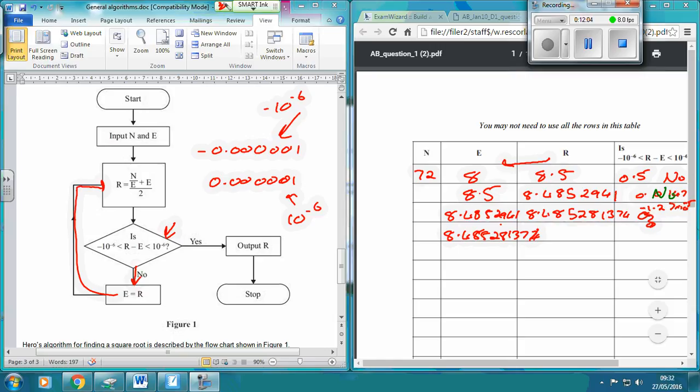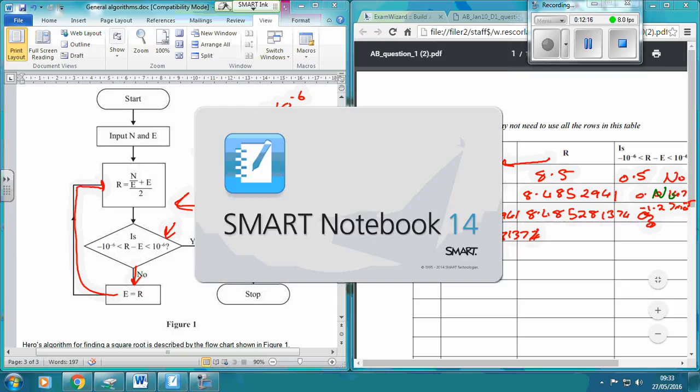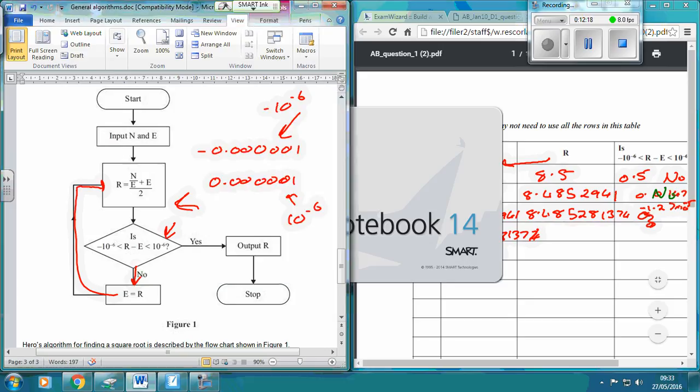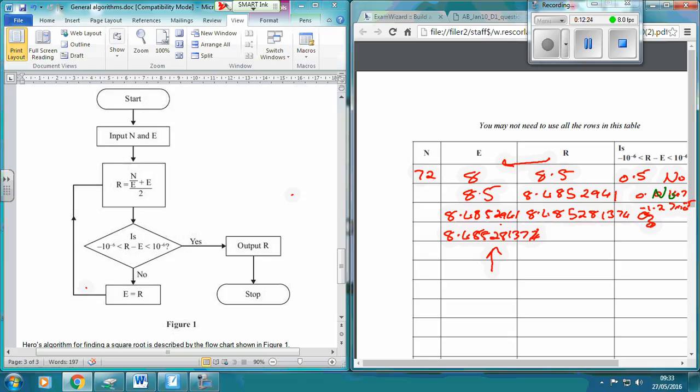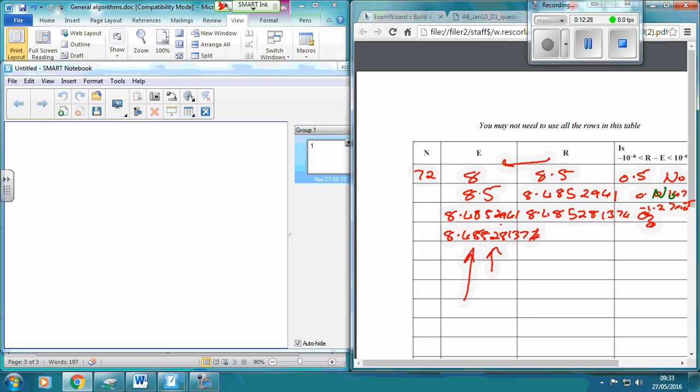So we're substituting in this value here as our value of e.